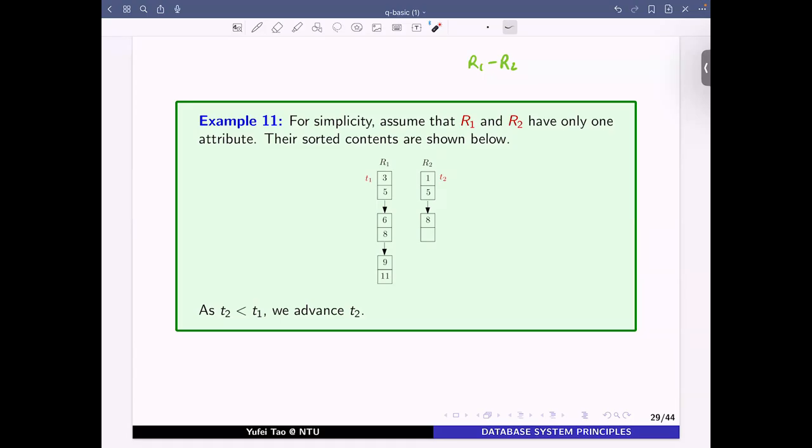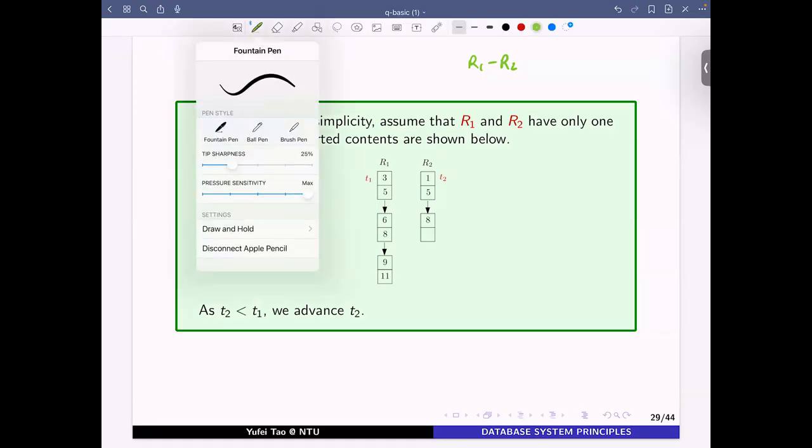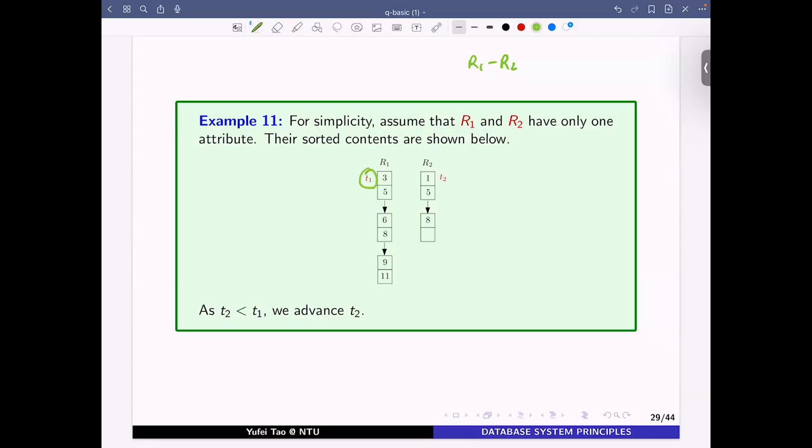At all times, you would like to maintain a pointer. So this is the pointer T1 here for R1 and another pointer T2 for R2. You can stick to the following invariant. This invariant says at any moment, T1 is always the smallest element among all the elements in R1 that have not been scanned.